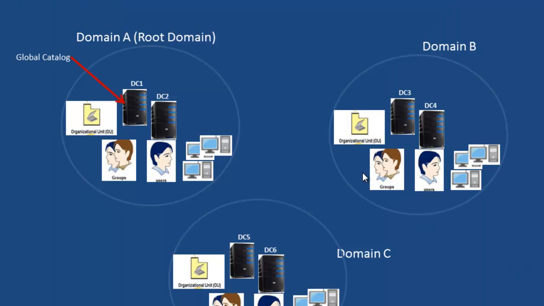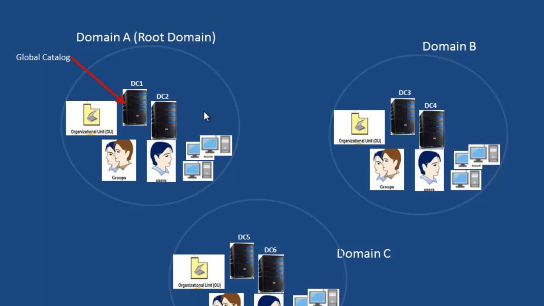Here we have a forest. A forest consists of domains. We have three domains here. Domain A, which is the root domain, meaning this is the first domain controller that was installed, DC1. Then we have another domain, domain B, with a third domain, domain C. Notice that the domains have more than one domain controller.